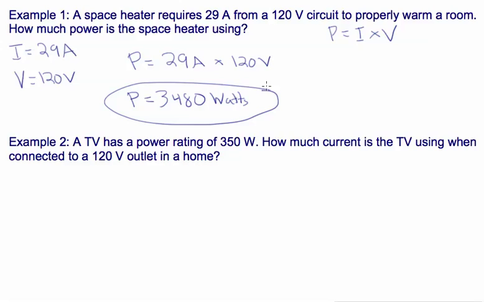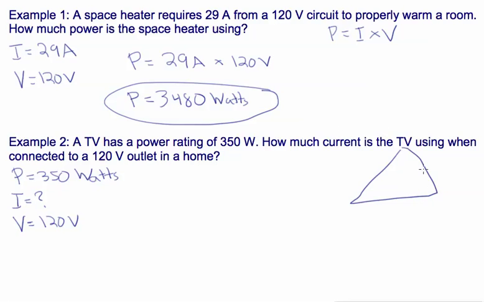In the second example, a TV has a power rating of 350 watts. How much current is the TV using when connected to a 120 volt outlet in a home? I say watts so we don't get confused. Since we're not solving for power, you might need a magic triangle.